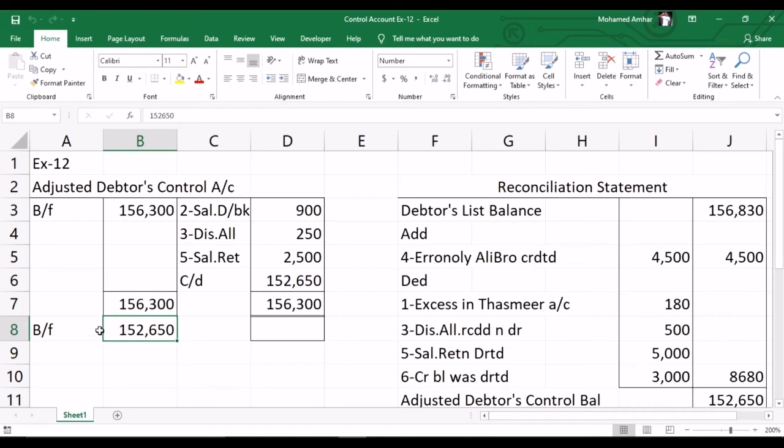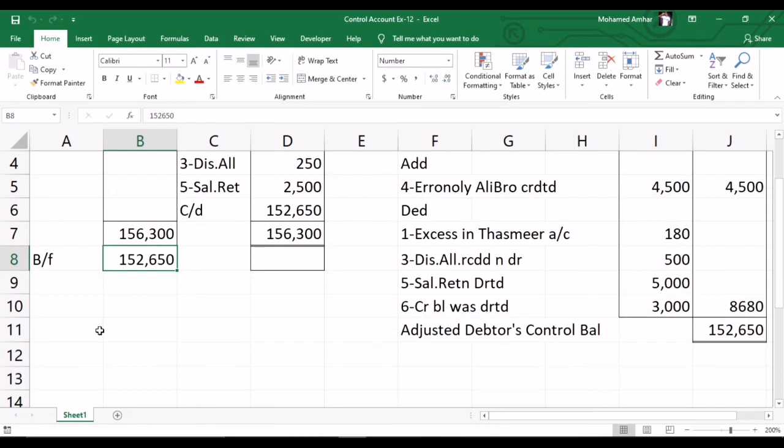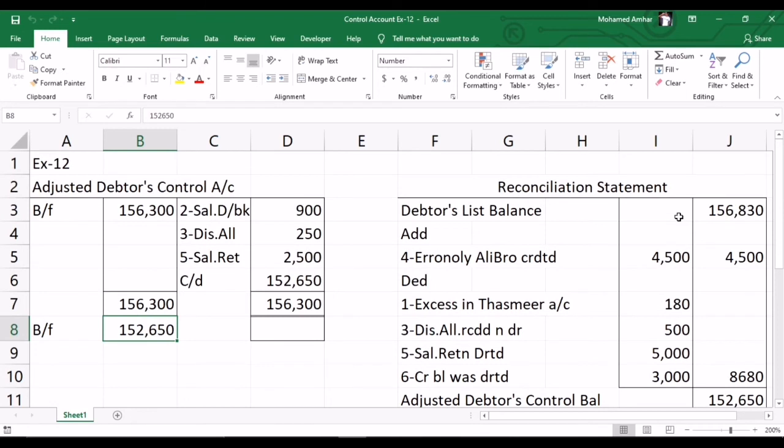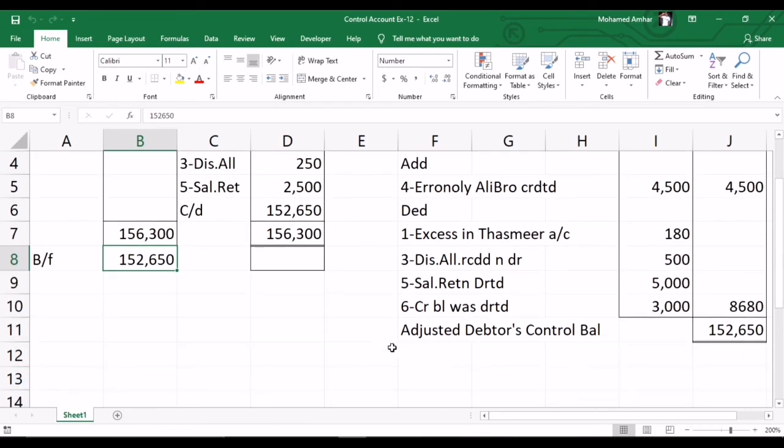The adjusted debtors control account balance is always equal to the adjusted list balance. So the adjusted list balance should be the same amount.